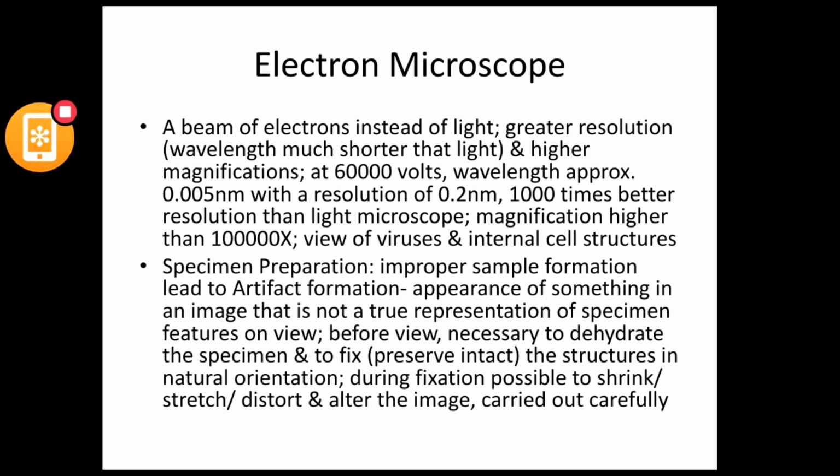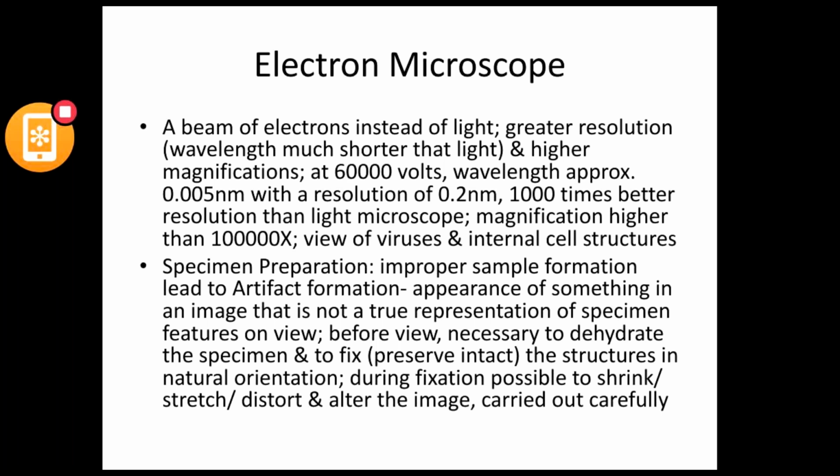This problem can also happen in an electron microscope if we are not preparing the specimen properly. Clear? Now, next point. Before view, it is necessary to dehydrate the specimen and to fix, that is, preserve intact the structures in natural orientation. While performing gram staining in light microscopy, you are doing heat fixation.